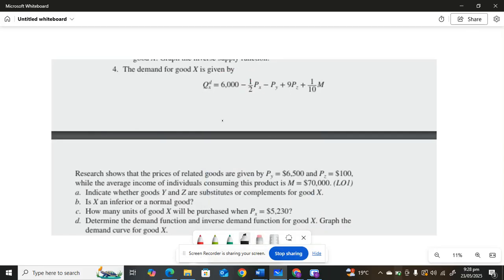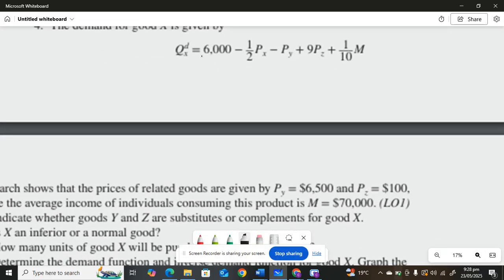We have QDX, which represents the quantity demanded for good X, and it is 6,000 minus half PX, where PX represents the price of good X, minus PY, where PY is the price of good Y, plus 9PZ, where PZ is the price of good Z, and then 1 over 10 M, where M represents the average income of the individuals.